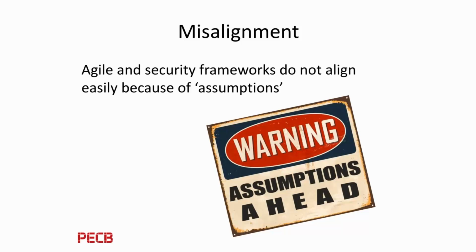And if you are familiar with things like ISO 27001, you will see that there is a misalignment between that short risk-driven approach within Agile and the more classical approach in the frameworks.